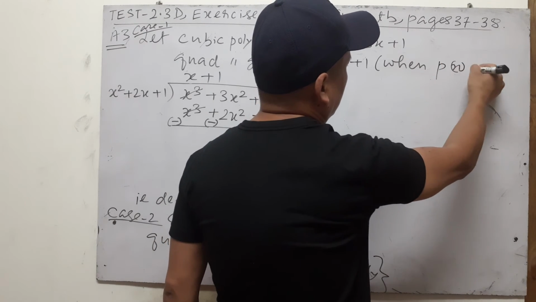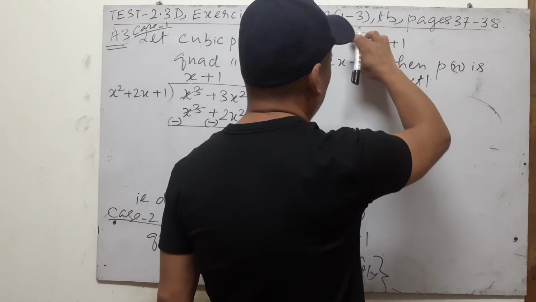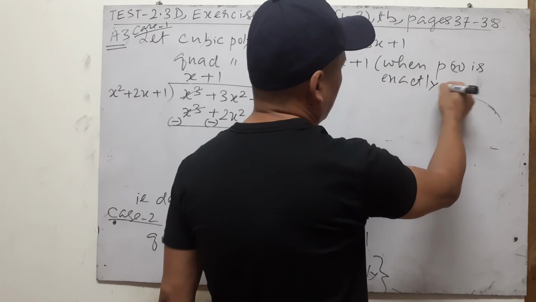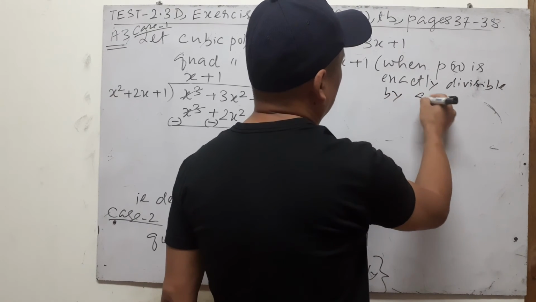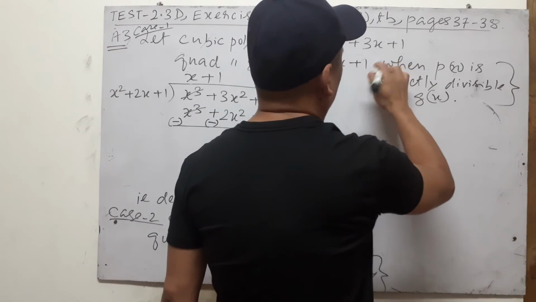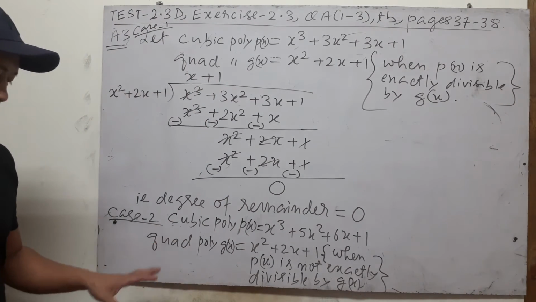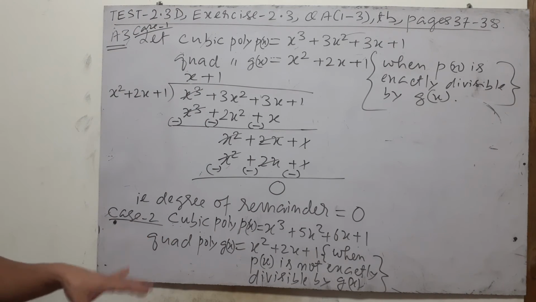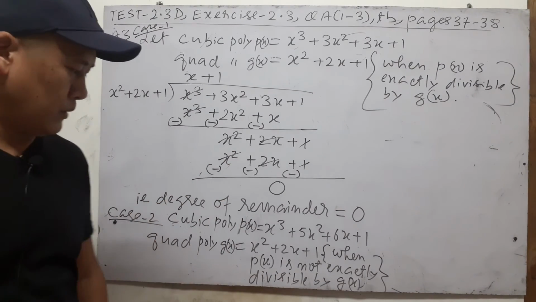When the cubic polynomial p of x, the dividend, is not exactly divisible by the quadratic g of x, that means the cubic is not exactly divisible by g of x.